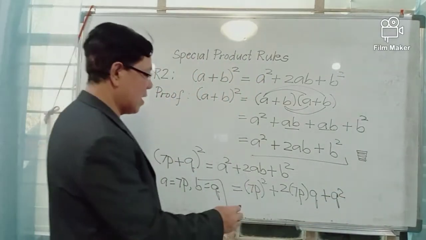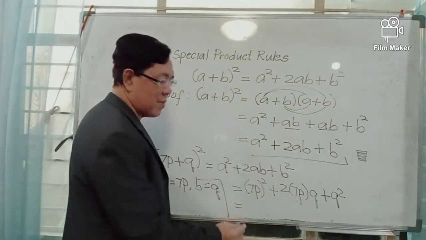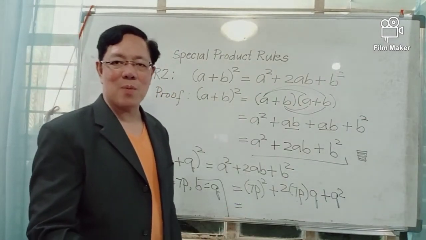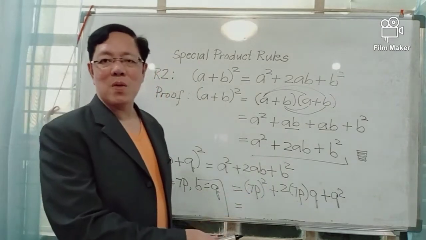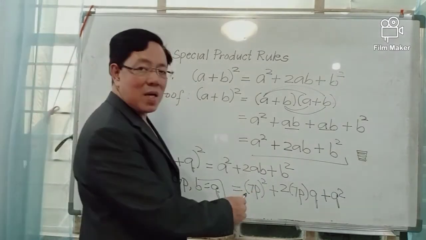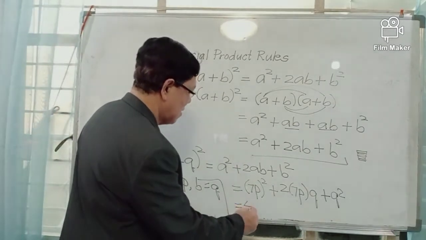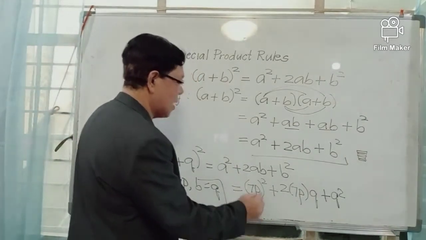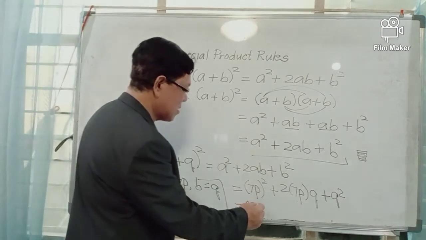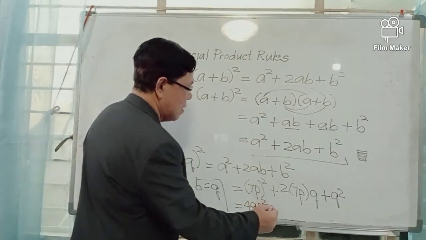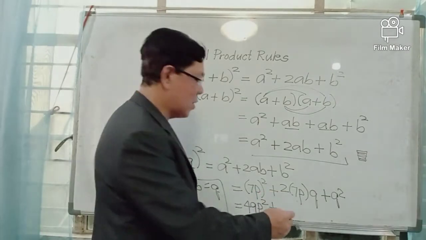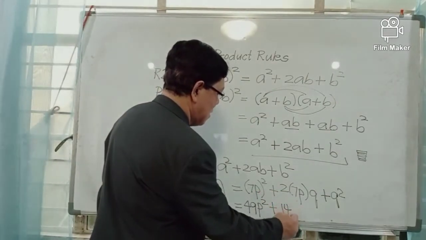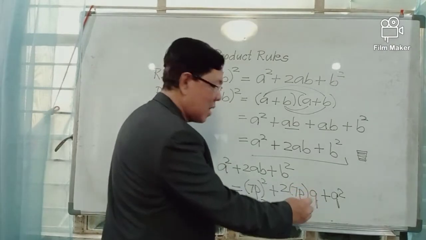And we simplify by applying the property of exponents. The square of 7p by property of exponents equals the square of 7, which is 49, multiplied by the square of p, p squared, plus 2 by 7 is 14 multiplied by p multiplied by q.